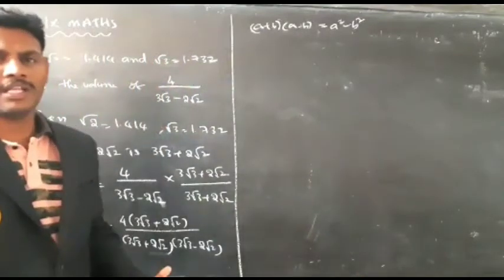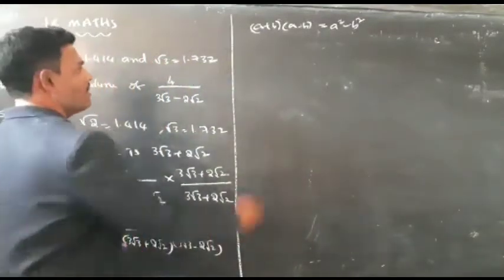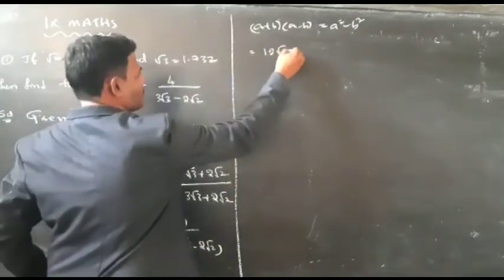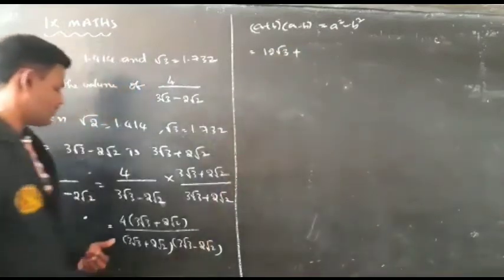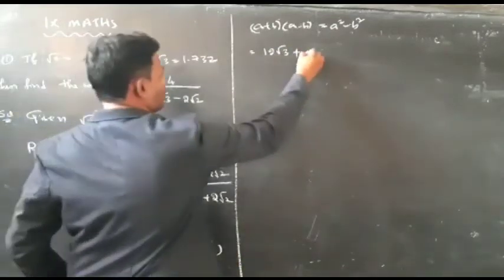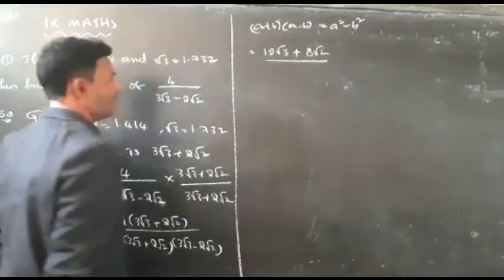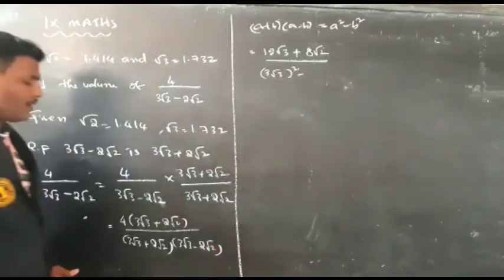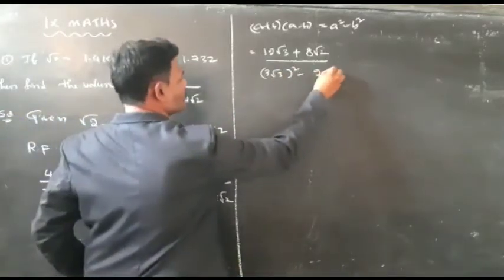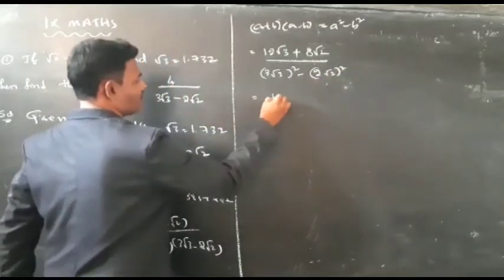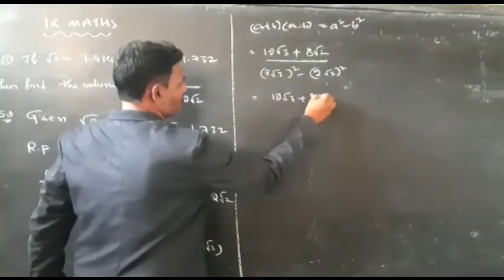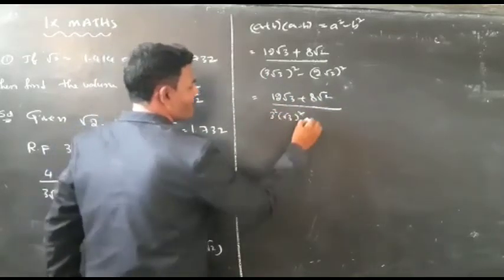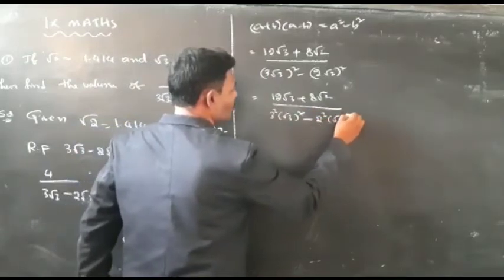See here, 4 3s are 12, 12 root 3, plus 4 2s are 8, 8 root 2, by a square means 3 root 3 whole square minus b square means 2 root 2 whole square, is equal to 12 root 3 plus 8 root 2 by 3 square into root 3 whole square minus 2 square into root 2 whole square.